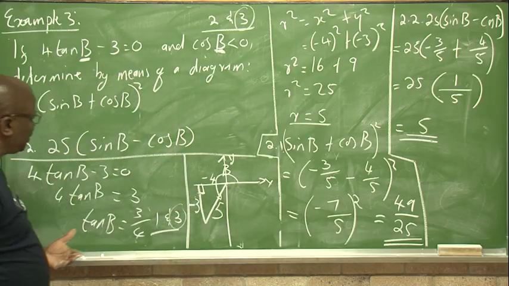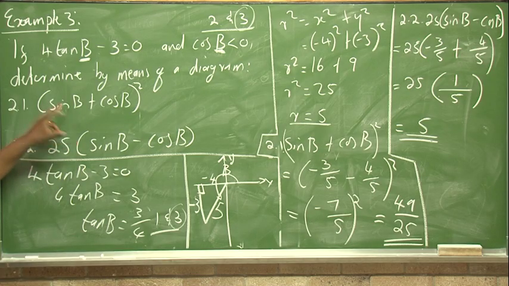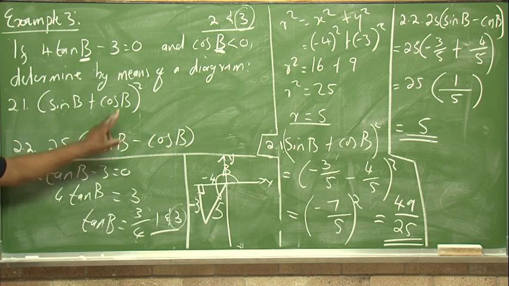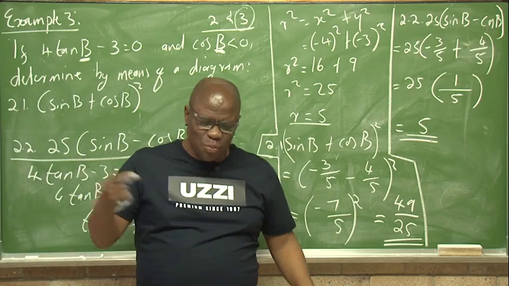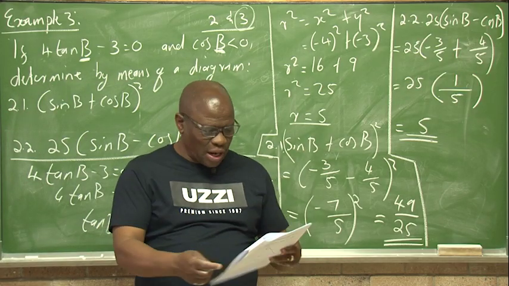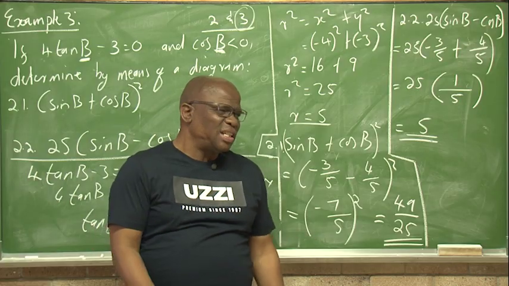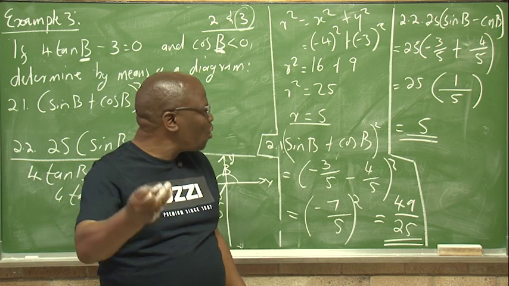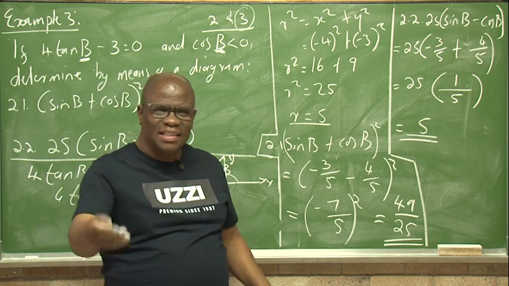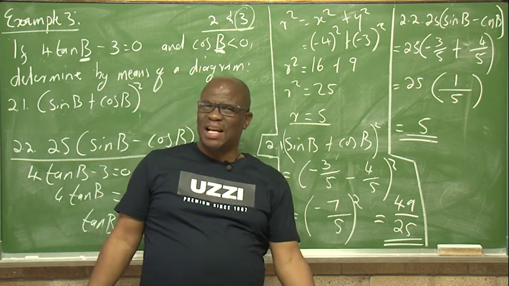In this case, we had sine B and cos B. It can be any of the trig ratios. As you practice, there are lots and lots of activities that I will leave you with. In all those activities, you come across any of the 6 trig ratios: sine, cos, tangent, secant, cosecant, or cotangent.